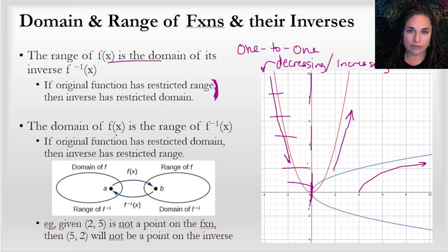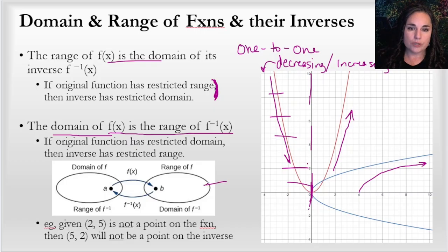The domain of f of x is the range of its inverse, right? Because we're flipping those two, the input and the output flip. The domain of the original function is the range of its inverse. The opposite is true: the range of the original function is the domain of the inverse.